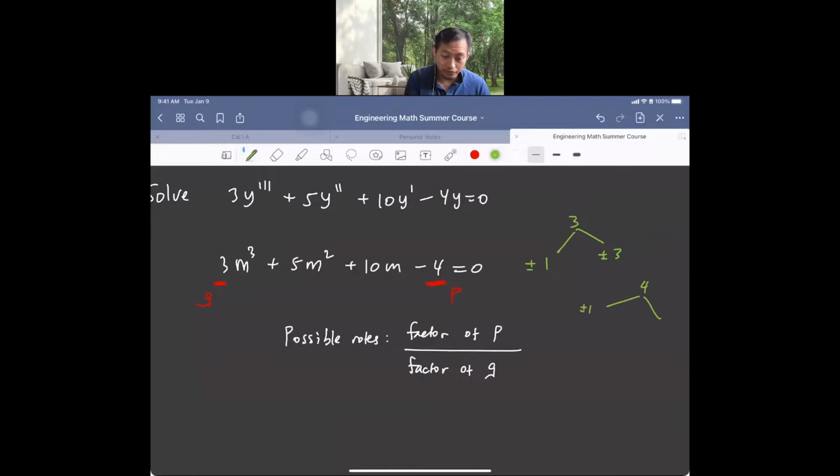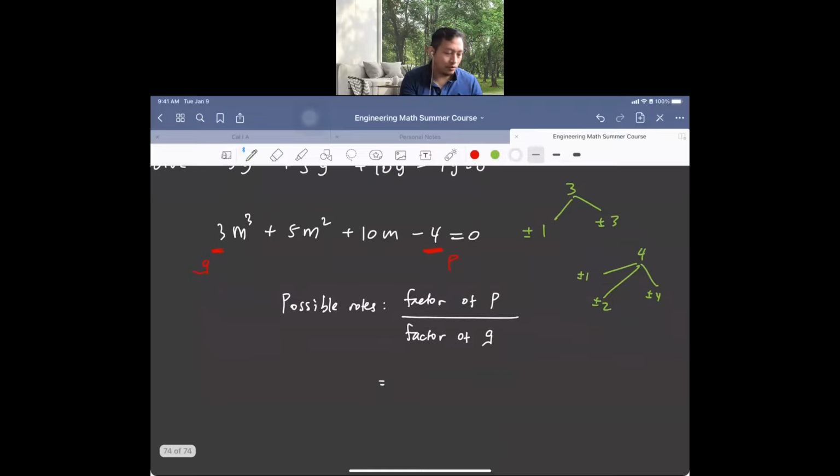For 4, how many numbers do we have? It's plus minus 1, plus minus 4, of course, and plus minus 2, right? So 2 by 2 is 4, 1 by 4 is 4, and there is no other number that makes 4. And then we could write that as our possible roots.